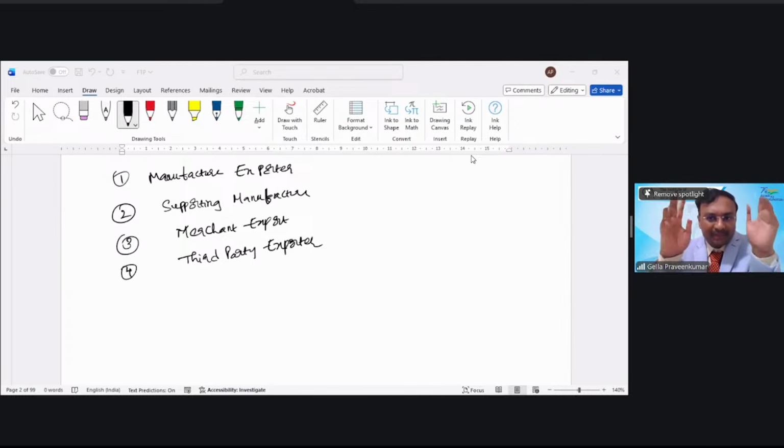So he's called a manufacturer exporter. On the other hand, let's take a hypothetical example. Swami says, Ayush, I have a facility, but I don't have a team or manpower to deal with these import-export compliances. Can you become my merchant exporter? Can you become a third-party exporter?